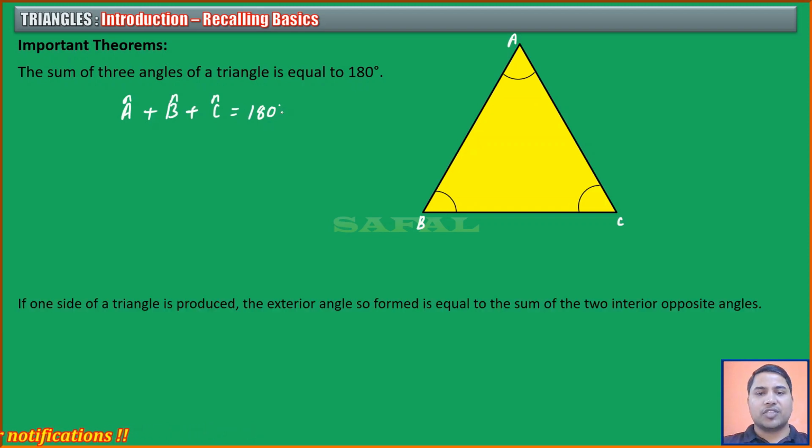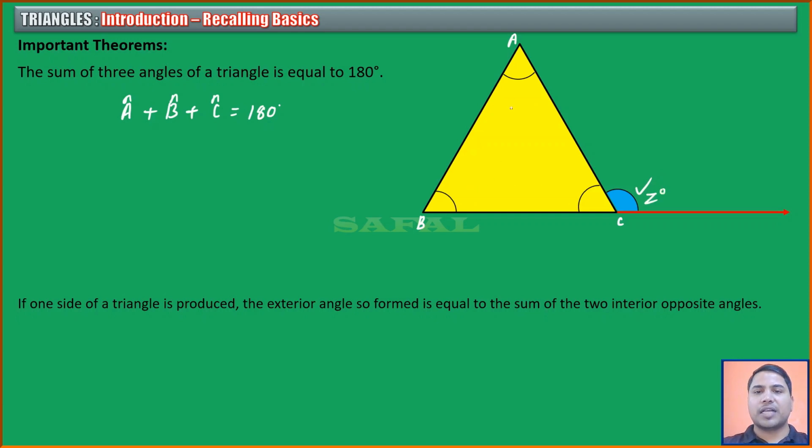The second theorem which you have already studied: if one side of a triangle is produced, so let's say I am producing BC, the exterior angle so formed is equal to the sum of the interior opposite angles. Here, this is the exterior angle. Let me call it Z degrees.